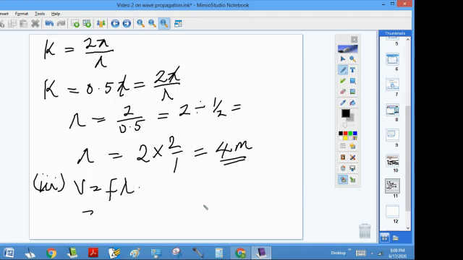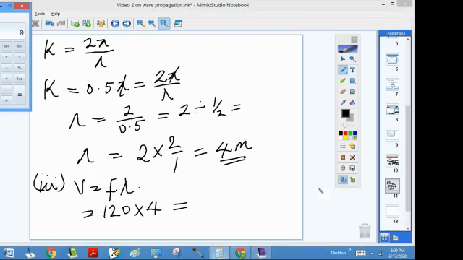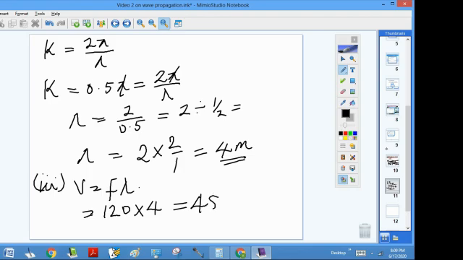Substituting the values we have already found, f is 120 times 4, and using our calculator, 120 multiplied by 4 is equal to 480 meters per second. So that is the calculation. With this, you can always solve a problem on wave equations. That's exactly how a wave equation can be solved. Thank you very much.